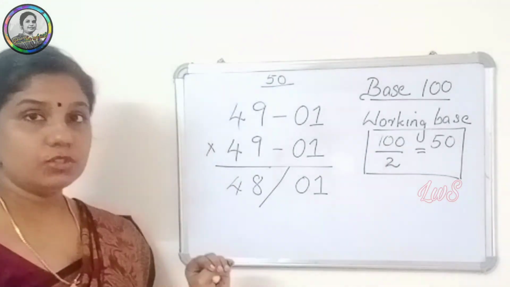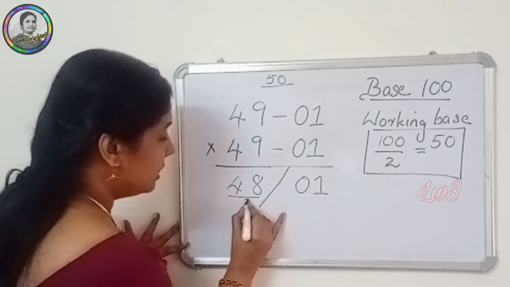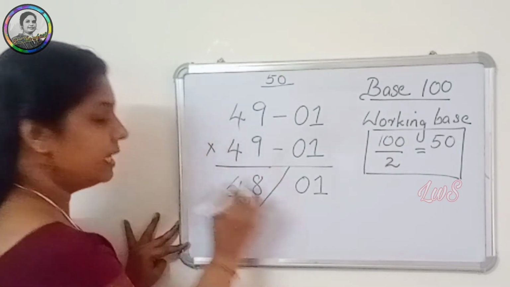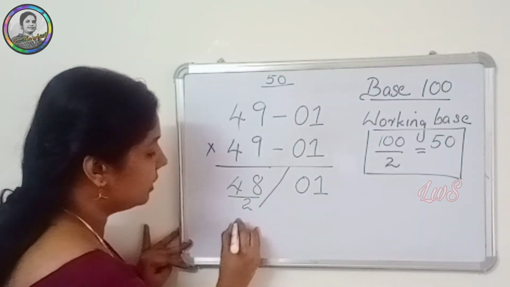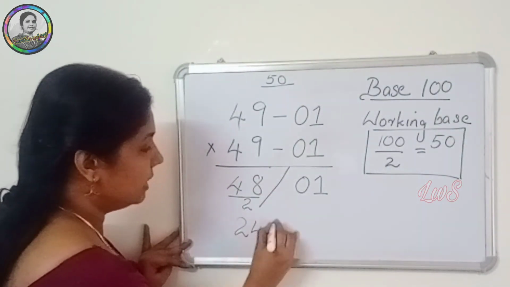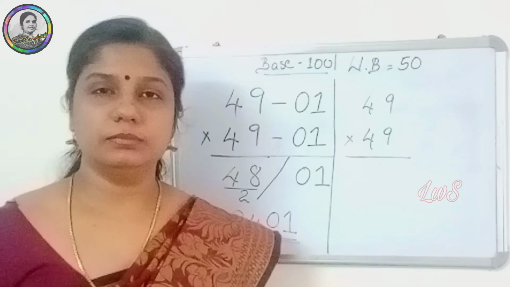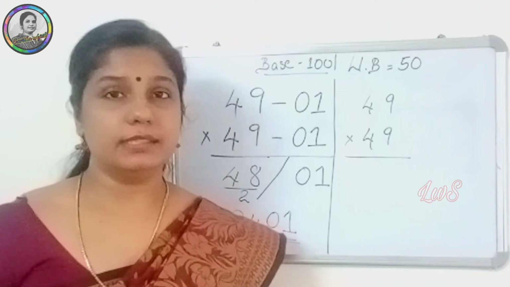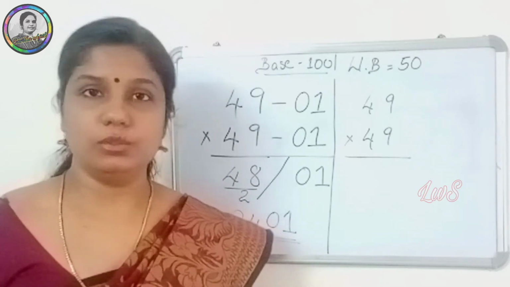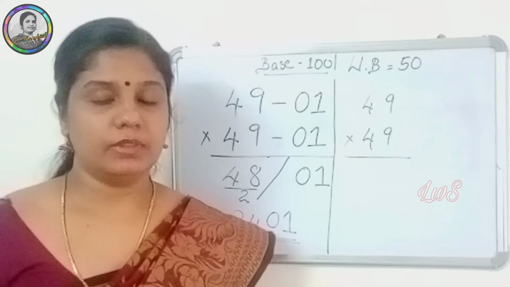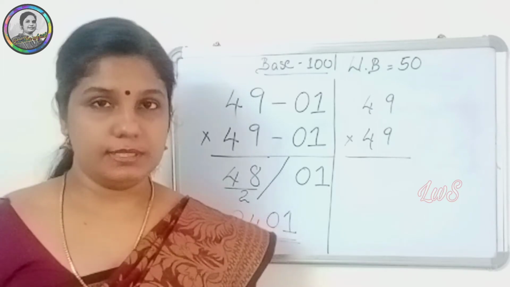To get the actual answer, what we have to do is, we just have to divide this left hand side part by 2. 48 divided by 2 is 24 and our answer is 2401. I told you earlier that in Vedic Mathematics, we have many methods to do a single problem. We can adopt that method which is easier for us.